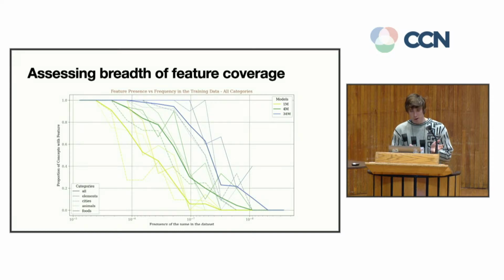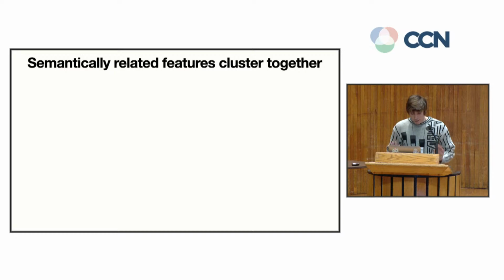The probability that the autoencoder is going to have some feature decays as a function of its frequency in the natural language text corpus. But also, the bigger the autoencoder you train, you push that frontier out further and further. Okay, I'll skip that. So that gives us a bit of a macroscopic sense of the breadth of the coverage of these autoencoders.